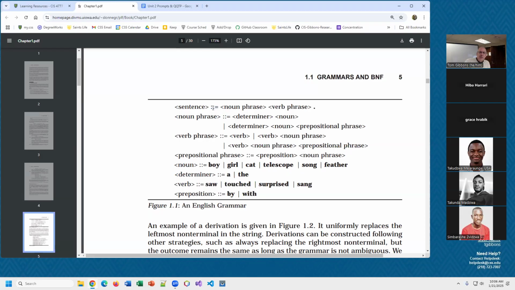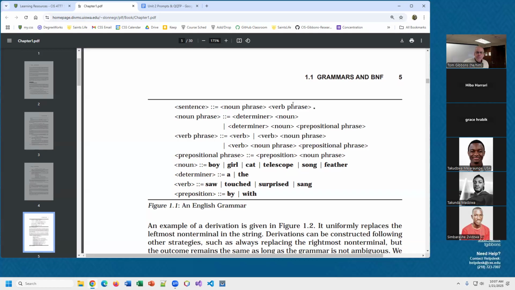Again, that'll generally be colon equals here. And then we'll have other things. Like here we can say it has a noun phrase and a verb phrase and a period. So to make up a sentence here, we would start with a noun phrase and a verb phrase and a period.